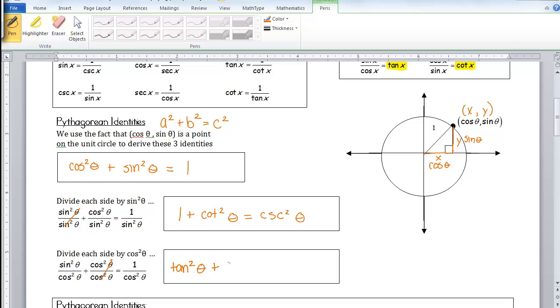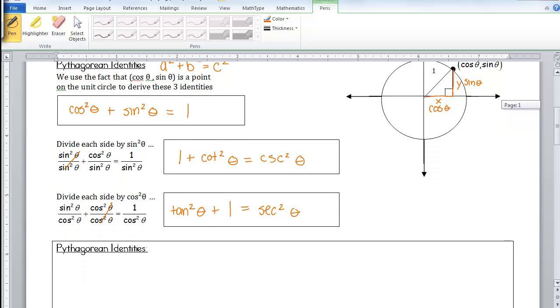Anything divided by itself is 1. And again, for our reciprocal identities, 1 divided by cosine is secant. And so we will get secant squared if we did 1 over cosine squared. These are 2 other Pythagorean identities which are very useful.